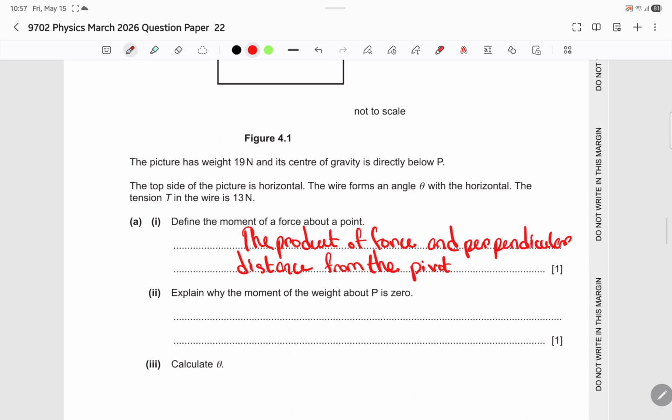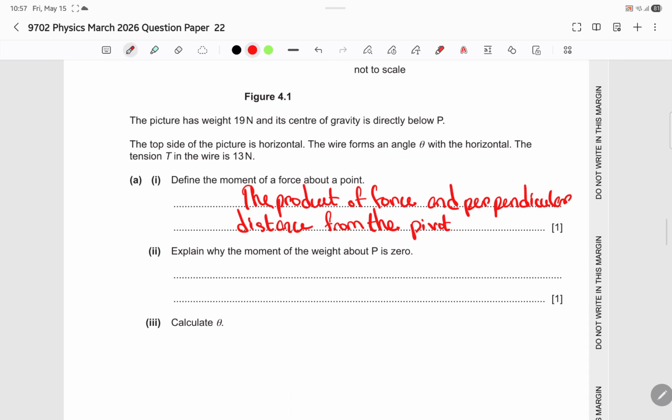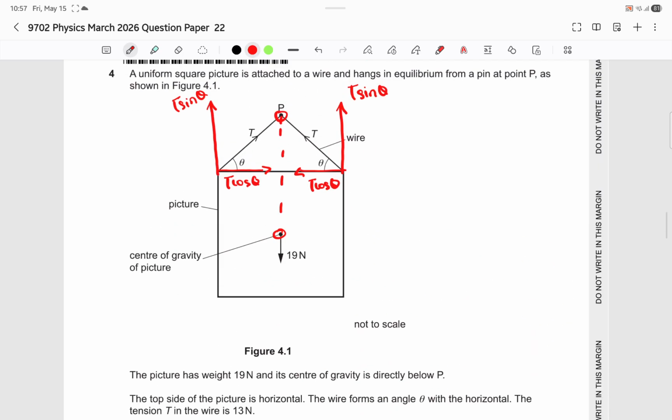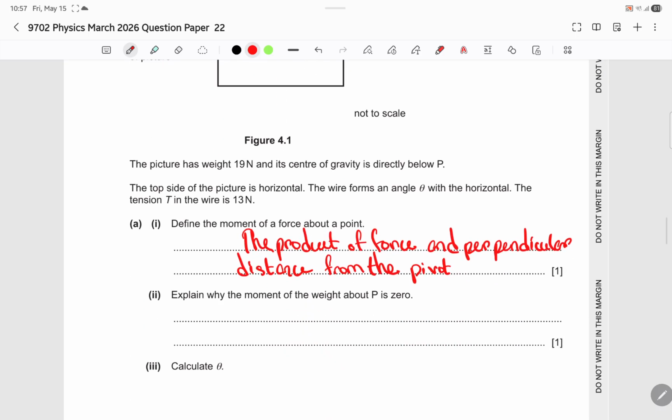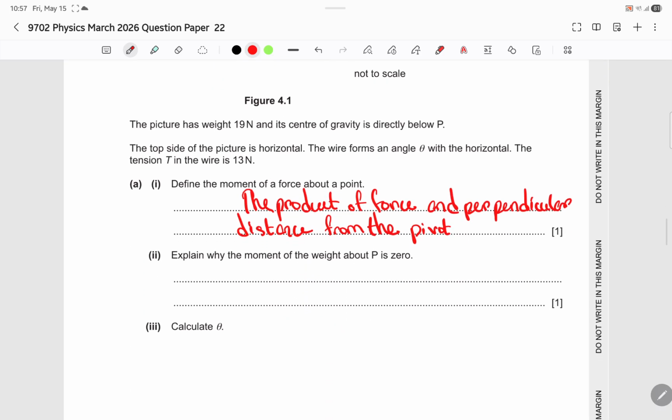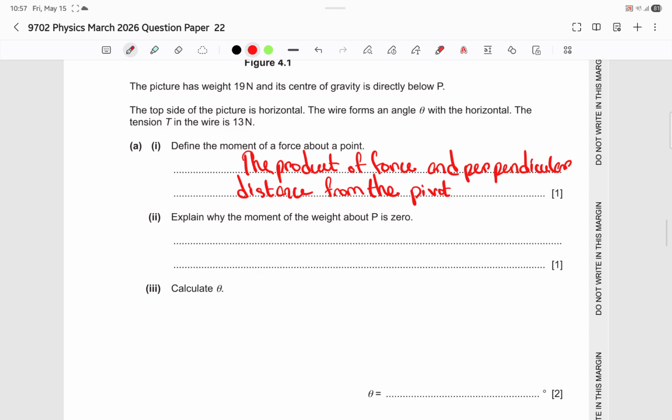Hence, no force can produce a moment to act about a pivot, right? Because it's directly below, the force is acting vertically down. So you cannot move it about P. So the weight is directly below the center of gravity.